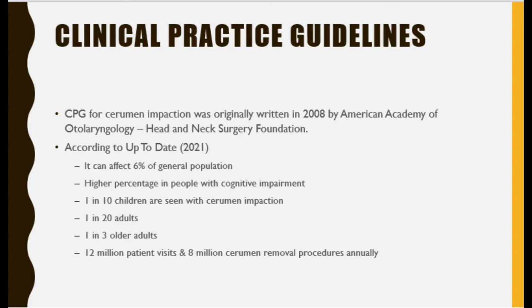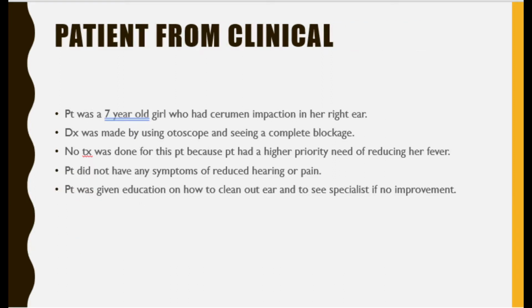There are 12 million patient visits and 8 million cerumen removal procedures done annually. So it's not a rare case. You will see it. I saw it a few times in my clinical rotation as well. And that leads us to our next slide.